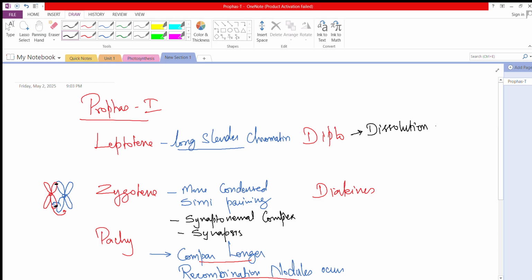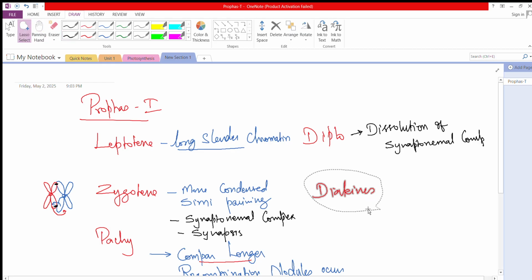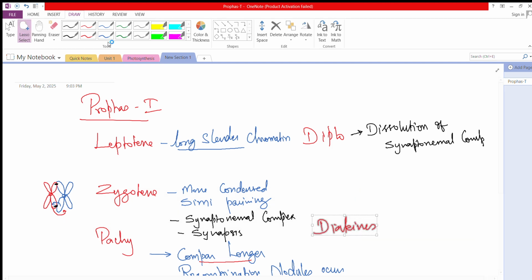So dissolution of the synaptonemal complex occurs. Then the homologous chromosomes will come to a stage called chiasmata.